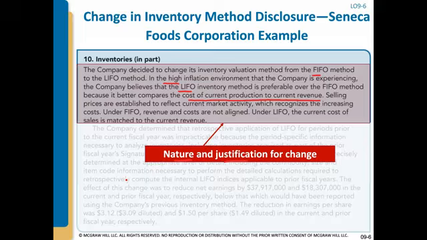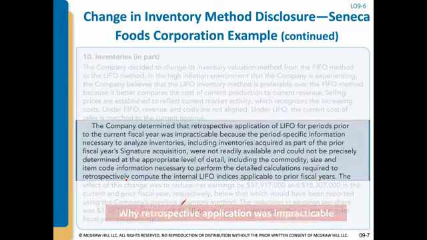So in times when prices are rising, this will be the result of LIFO. Your current cost of sales has better matching to your current revenue. But again, you don't need to change your financial statements, you just need to disclose it.